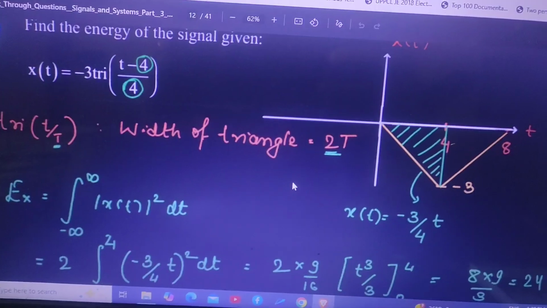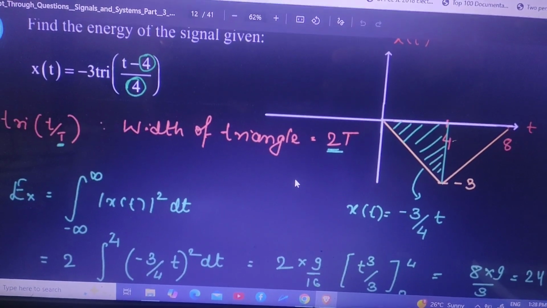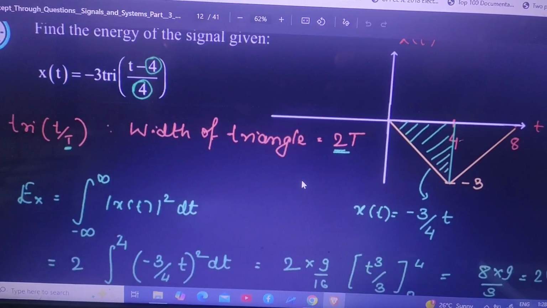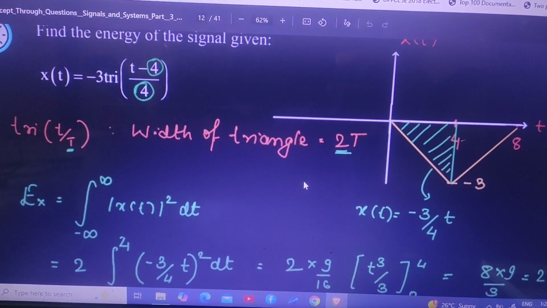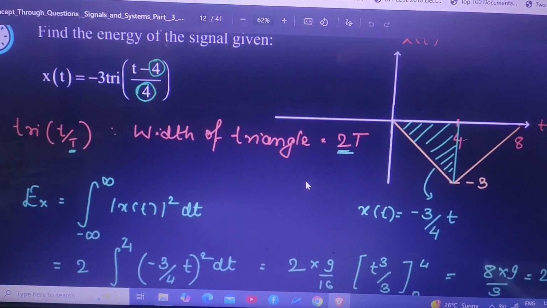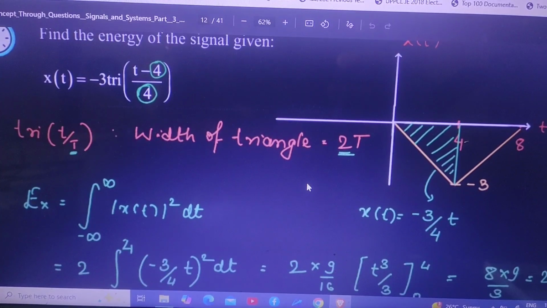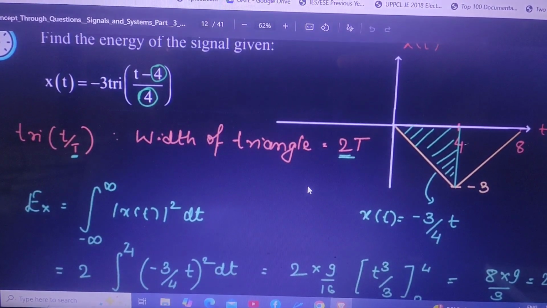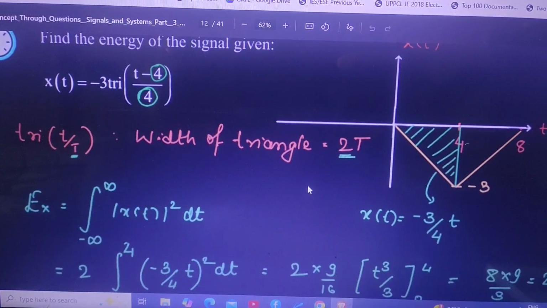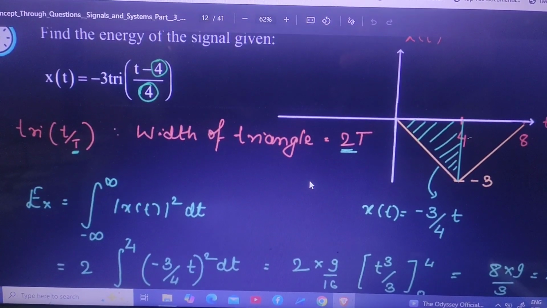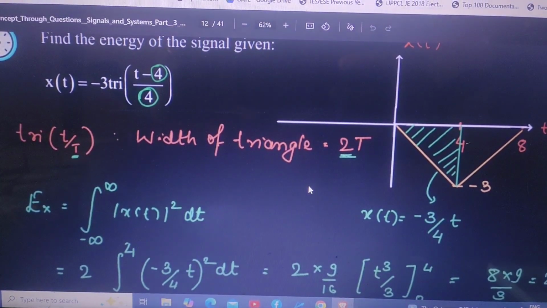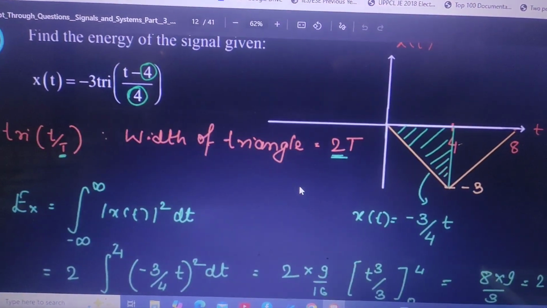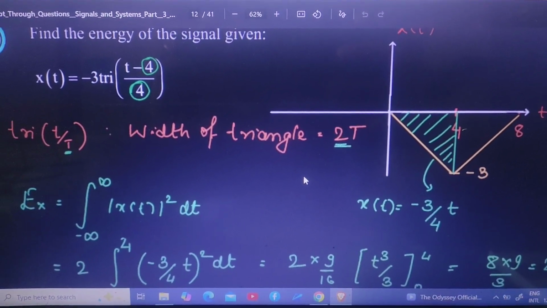You will get the answer by substituting the values. You will get the answer as 24. Or else there is a shortcut to find the energy of a triangle, that is 2 by 3 A square tau. Here tau is 4, A square is 3 square, 9, so 2 by 3 into 9 into 4. You will get the answer as 24.